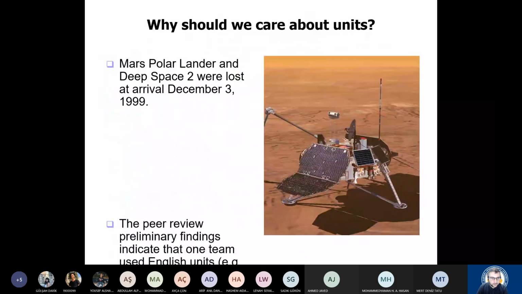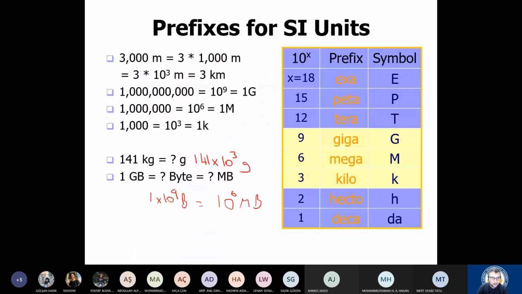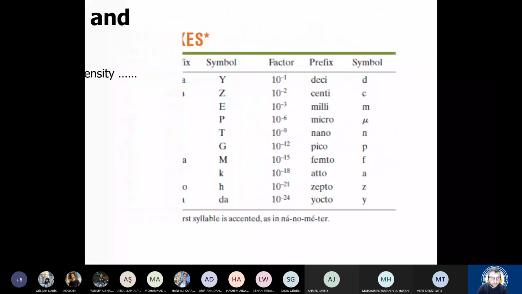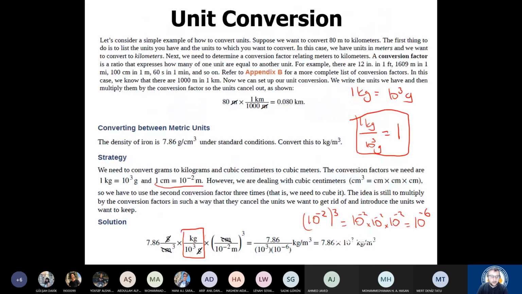Yes, the types of quantities we see. How can you make a unit conversion? To make a unit conversion, first of all, you must write what they give you. For example, you are going to convert 80 meter to kilometer. First, you write 80 meter.